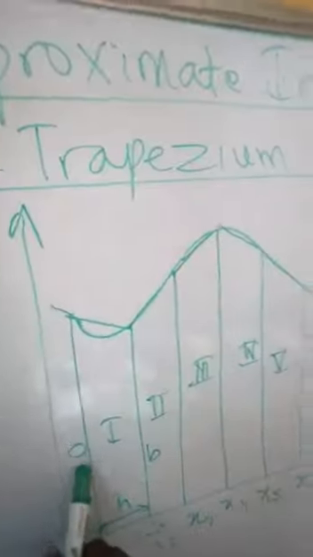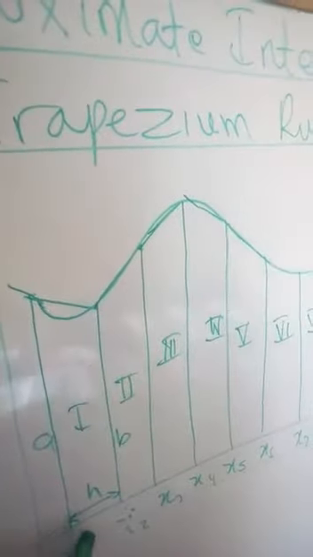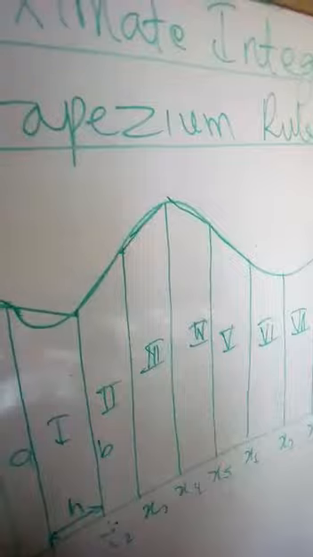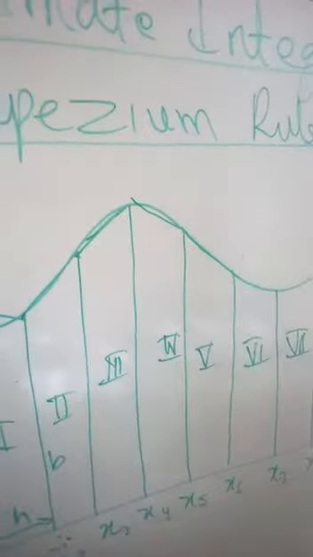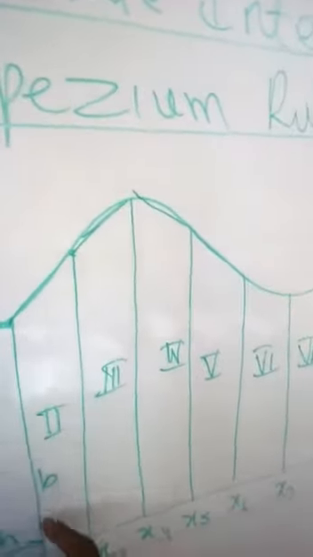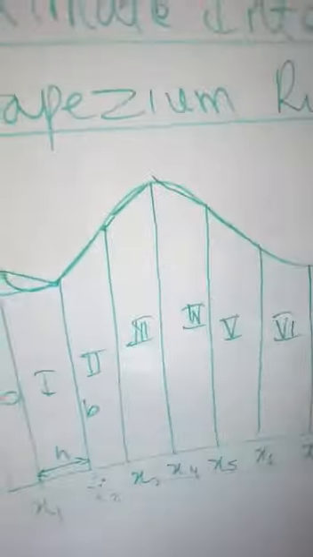Now the value of A will be the value of y when x equals x1, and the value of B will be the value of y when x equals x2.